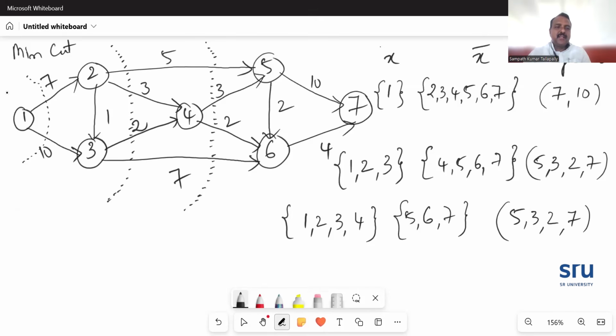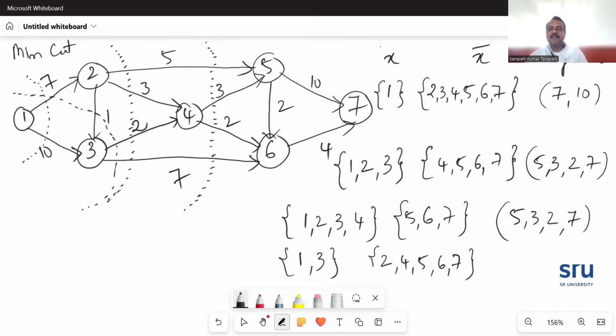Now we go to my fourth set. I can also cut my graph in this way. It means I'll take out only this part. So if I take out that part, what are the values I have now? 1 and 3 will be in your X, and 2, 4, 5, 6, and 7 are the vertices in the other set.